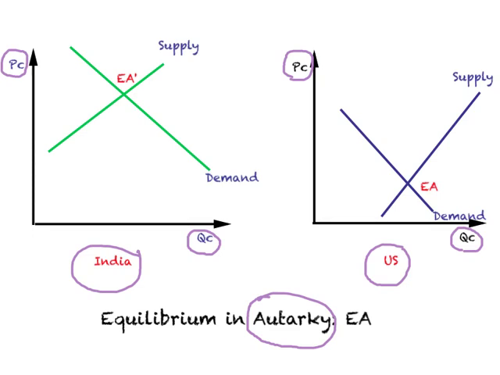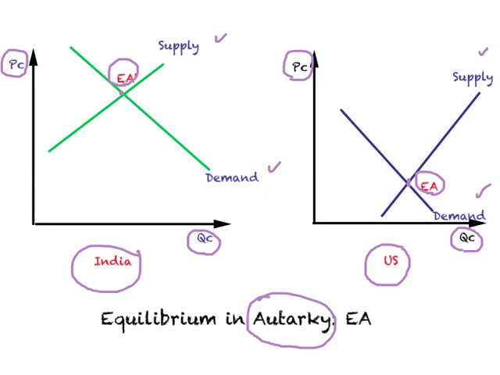So we are looking at a market for clothing in India as well as the US, and you have the familiar demand and supply curves in each of the two countries. You already know what equilibrium is: a point where demand equals supply. For the US, equilibrium will happen at a point like EA where the demand and supply curves intersect. Similarly for India, equilibrium will happen at a point like EA prime where demand equals supply.